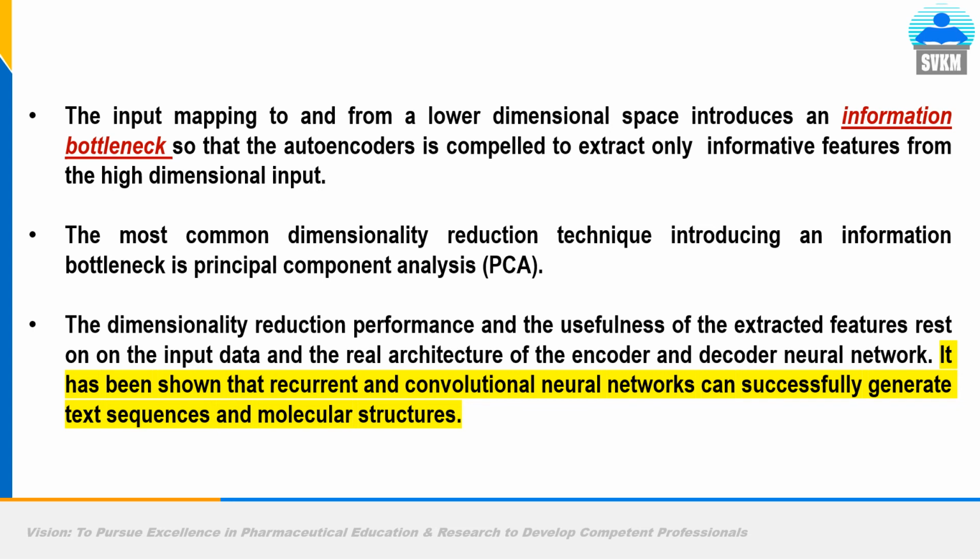It takes only the principal components, or the main features, from the input data set, and it discards the unwanted ones. The dimensionality reduction performance and the usefulness of the extracted features rest on the input data and the real architecture of the encoder and decoder network. It has been shown that recurrent and CNN networks are successfully generating text sequences and molecular structures for generating new structures.